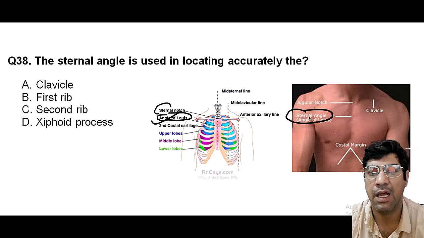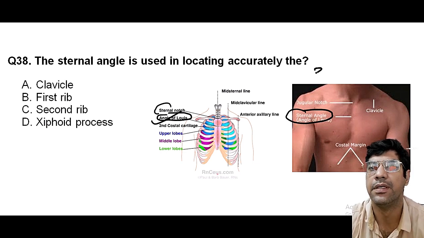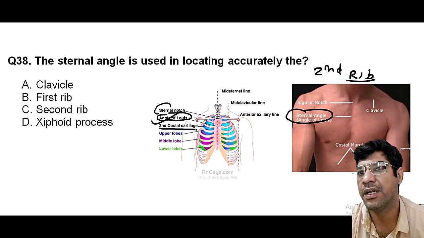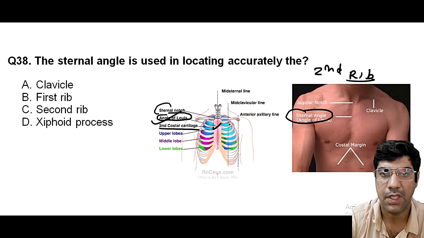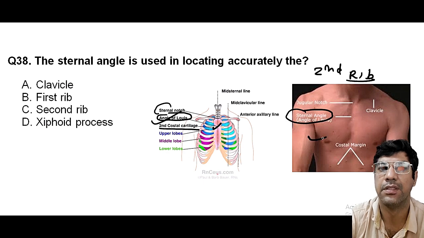So the sternal angle is located at the level of the second rib, this second costal rib. The other name of sternal angle is the angle of Lewis. So that is important for counting the ribs and identifying the position of important structures in the chest.